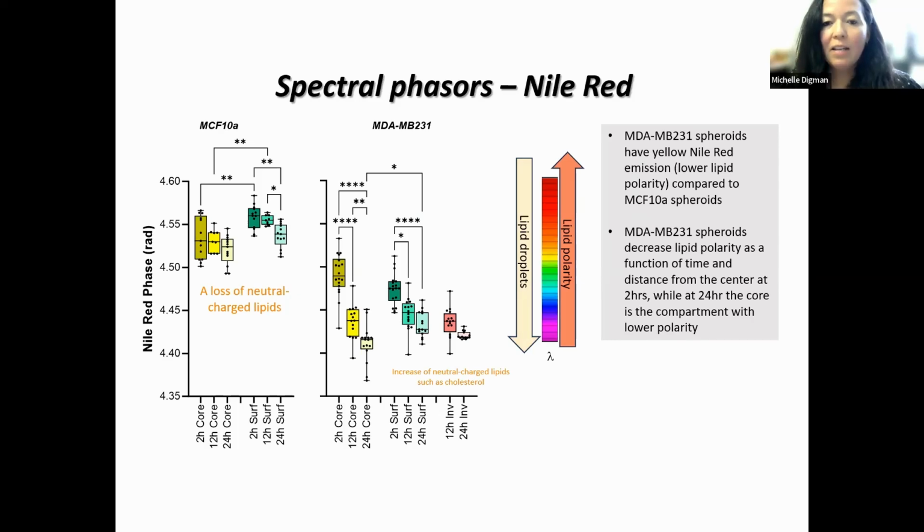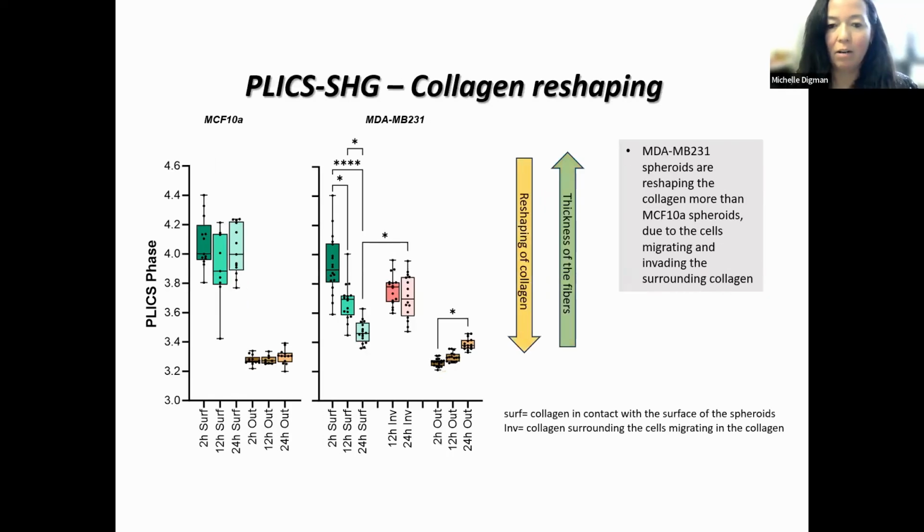Also in the Nile red signature, what we're seeing is that the MB231 spheroids have yellow Nile red emission, so lower lipid polarity compared to the MCF10A spheroids. And the triple negative MB231 spheroids decrease lipid polarity as a function of time and distance from the center at 2 hours, while at 24 hours, the core is the compartment with the lower polarity.